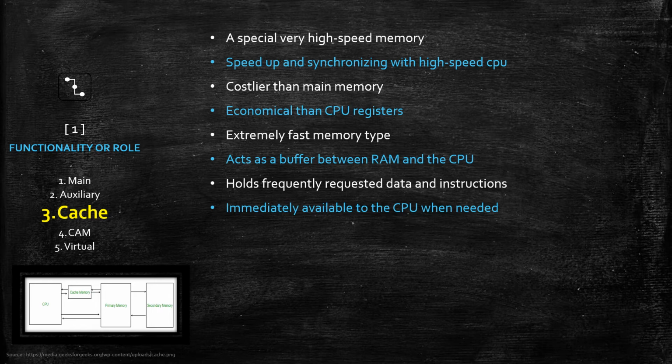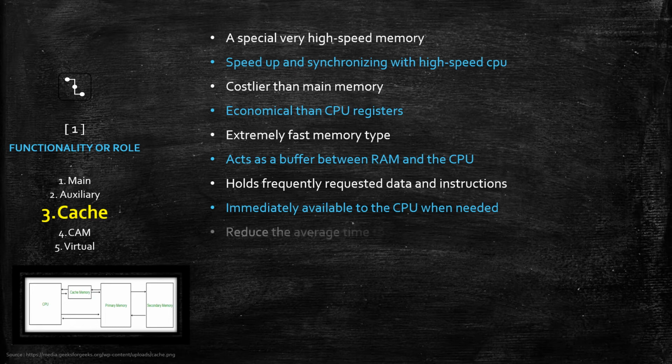When the data gets dumped into the cache, it is immediately available to the CPU, and so we say that my system is very fast or is running very smoothly. The reason is that all the frequently used data is there in the cache. So the processor does not need to go to the secondary or even to the primary memory. The data is there in the cache, so it is available immediately.